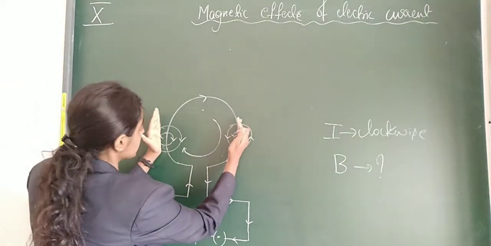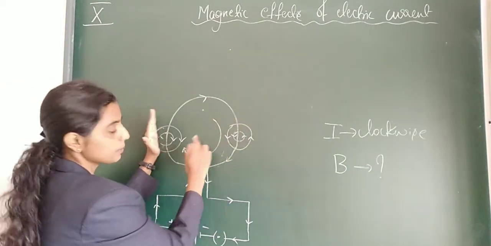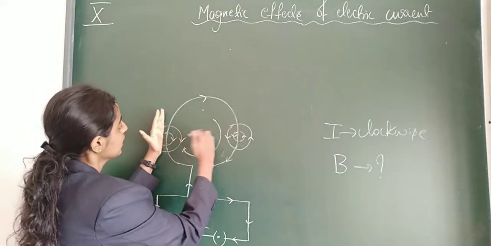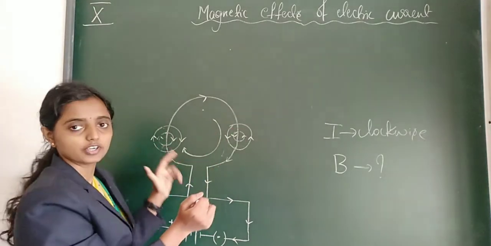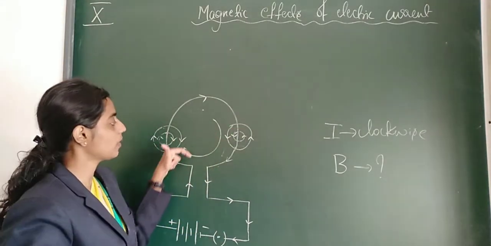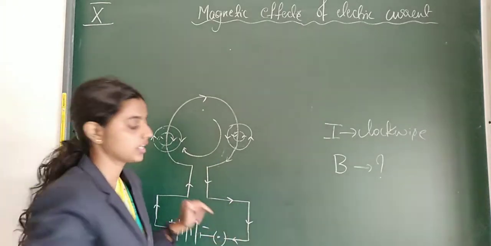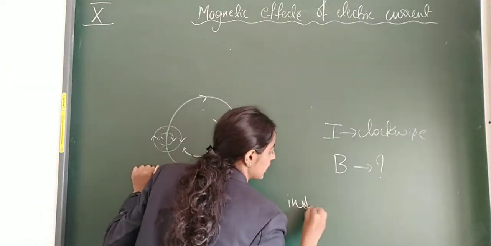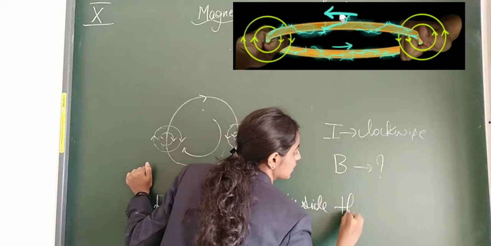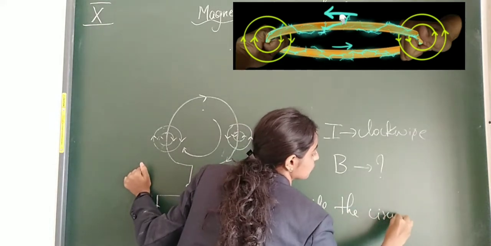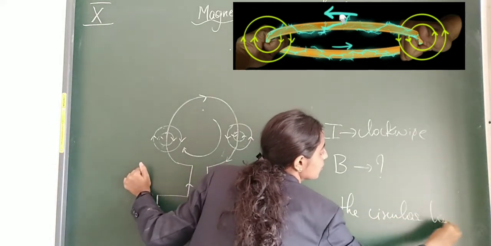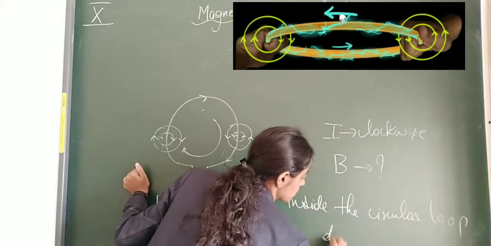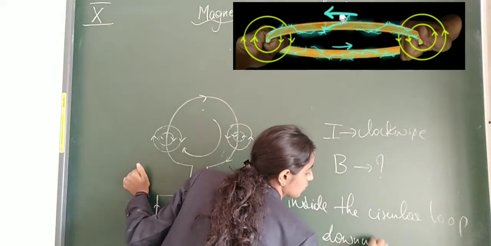This is inside the loop, and you can see it is similar on both sides. The direction of the magnetic field inside the circular loop is downward. So inside the circular loop, it is downwards.